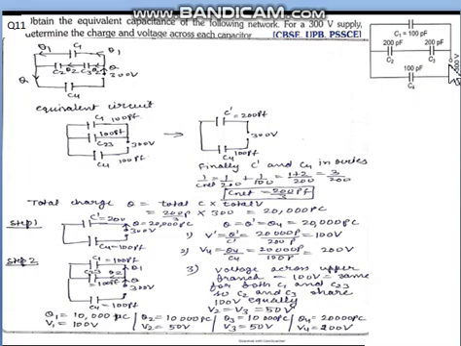Now how do we proceed? First of all, we always calculate the total charge. So total charge Q is total C into total V. Total C or net capacitance is 200 by 3 pico into the battery 300. Finally 20,000 picocoulomb is the answer for the charge. Okay, total charge is calculated.